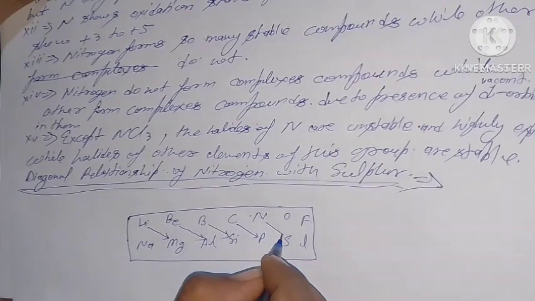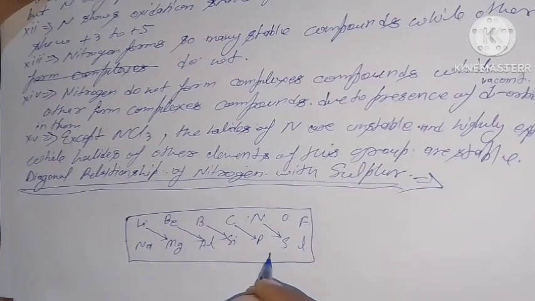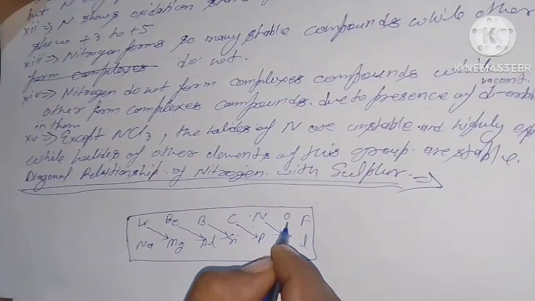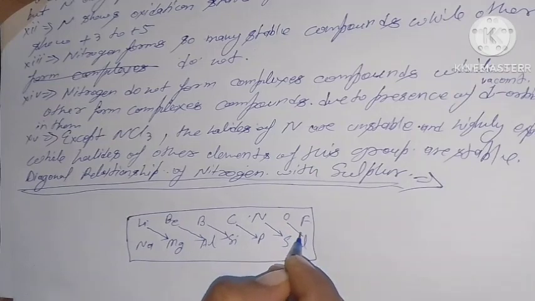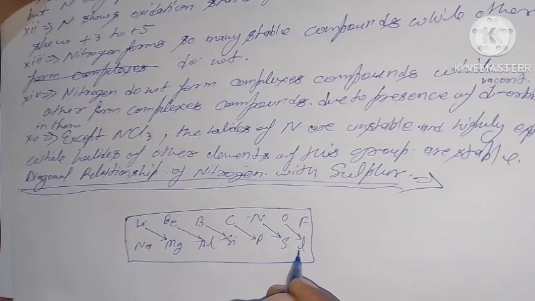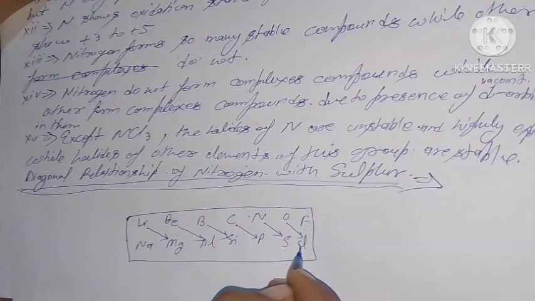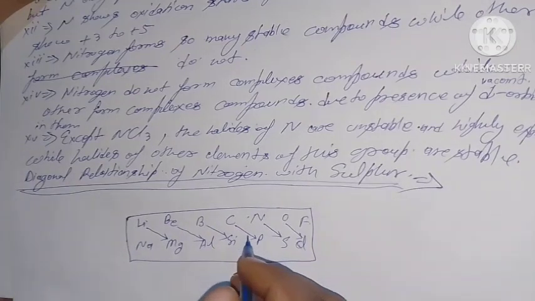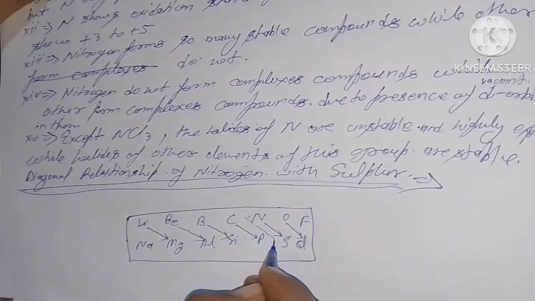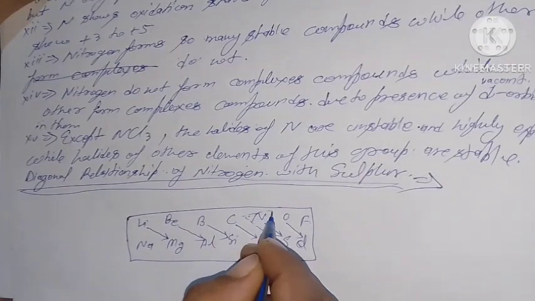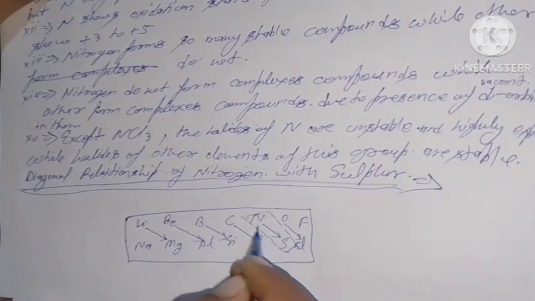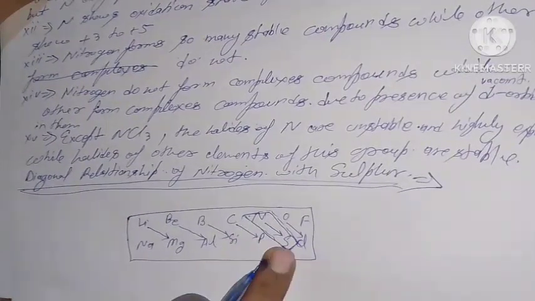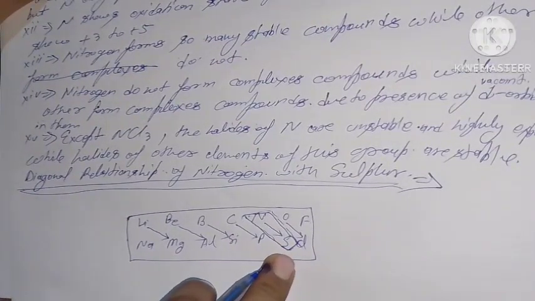Nitrogen is diagonally related to sulfur.